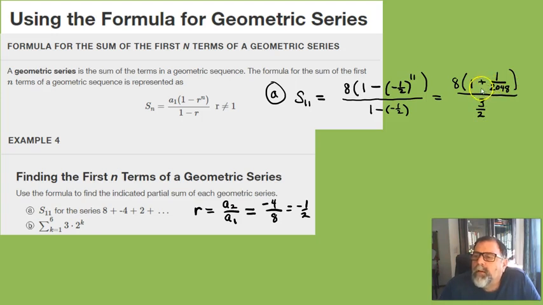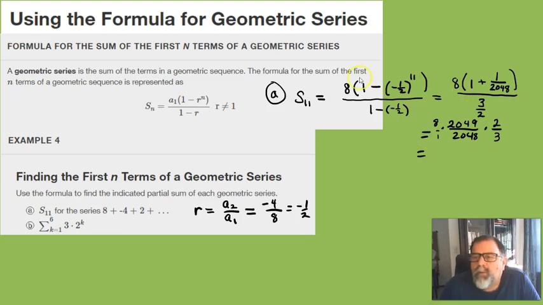So this will be equal to 2048 plus 1 would be 2049 over 2048. And we got times the 8. Divided by 3/2 is the same thing as multiplying by 2/3. And I can just punch all that.